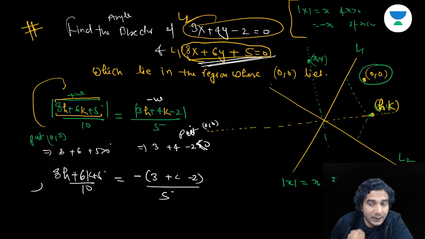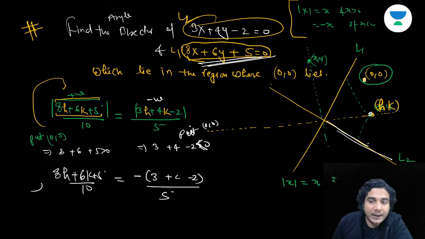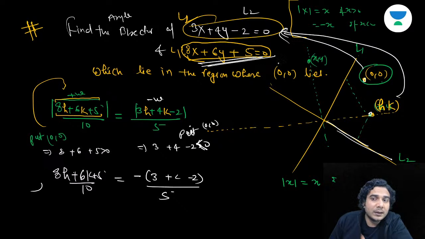Now for the second line also, for the L2 line, we are going to apply the same logic. 0, 0 and h comma k lie on the same side of the L2 line also. This line is L2, okay? If I put 0, 0 in the L2 line, I will see it is negative. That means if I put h comma k in this line, this should also be negative. So now I know that 3h plus 4k minus 2 is negative, right?